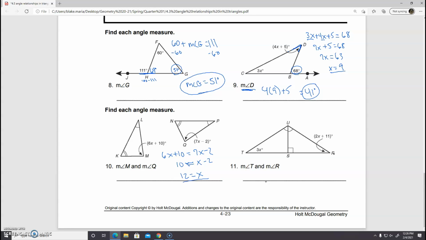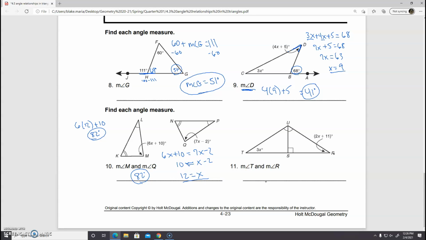Now they did ask you for M and Q, doesn't matter where you plug it in, so let's plug it in for M. So we got 6 times 12 plus 10. So we did 6 times 12 is 72 plus 10 is 82. And you should get the same thing if you plug in here. 7 times 12 is 84 minus 2 is 82. So that's the measure of both of them is 82 degrees.